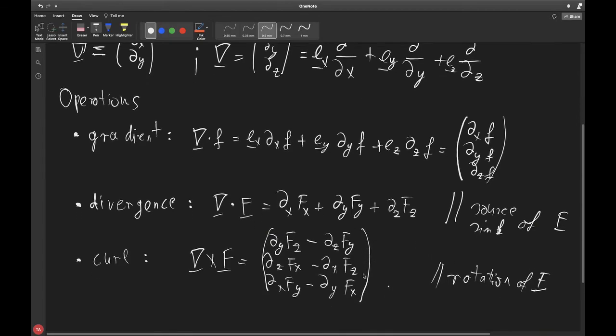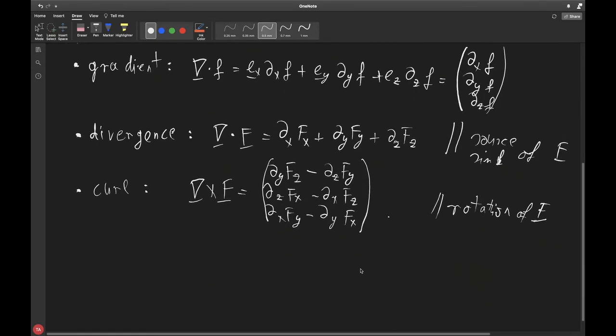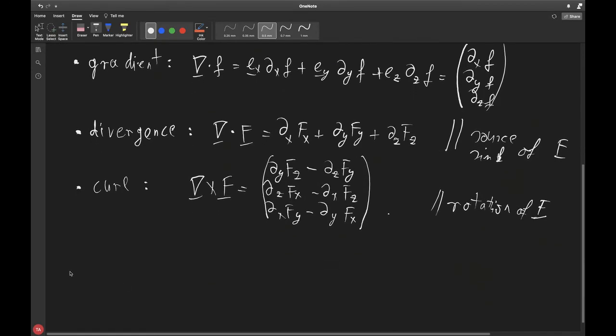We need to introduce one more thing here, that is the Laplace operator, also called Laplacian.